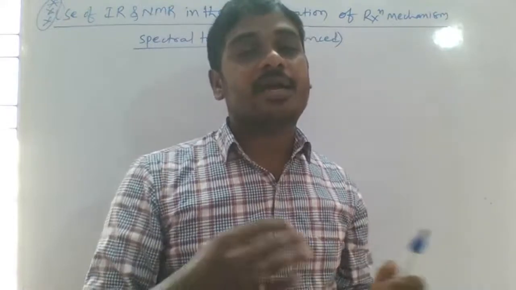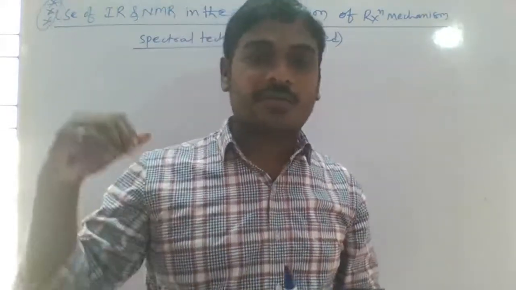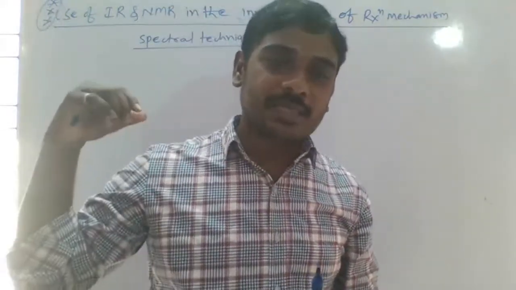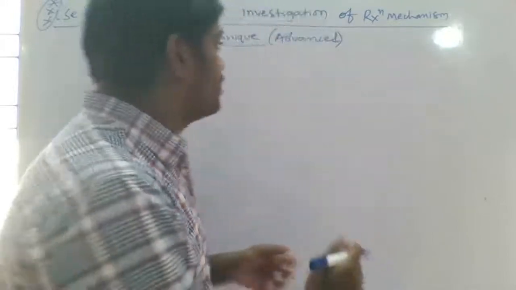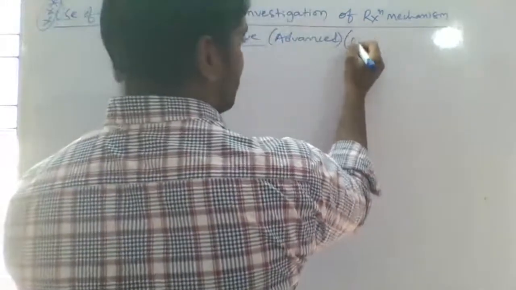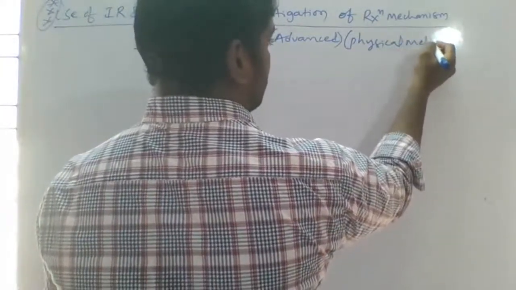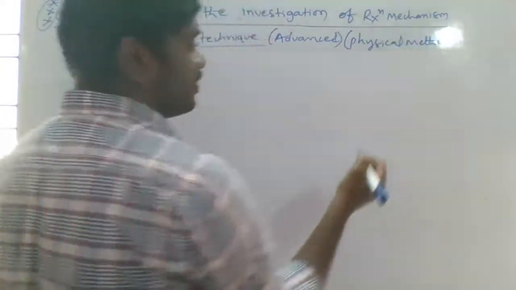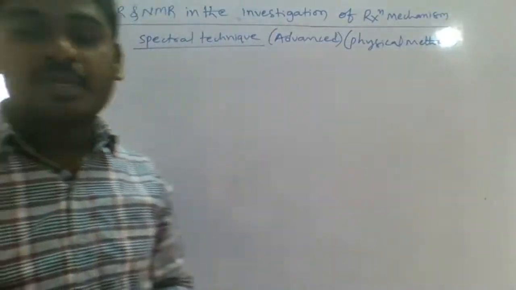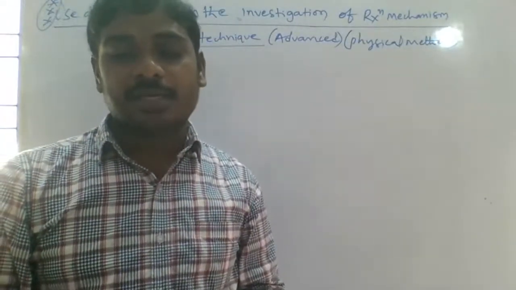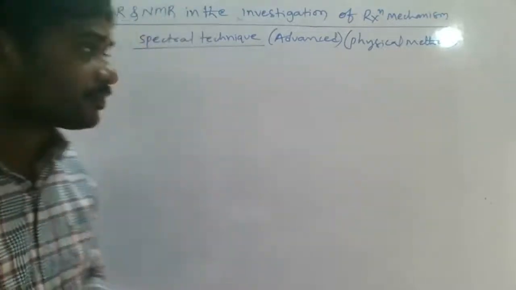But with the chemical technique it is not possible to recover it. So compared to the chemical method, the physical method has more advantage. So first of all, the IR spectral study.